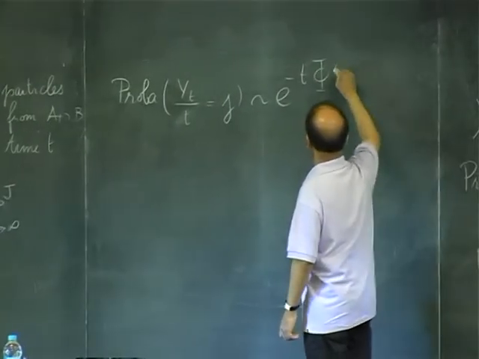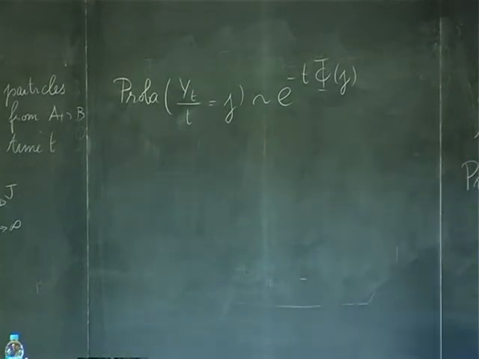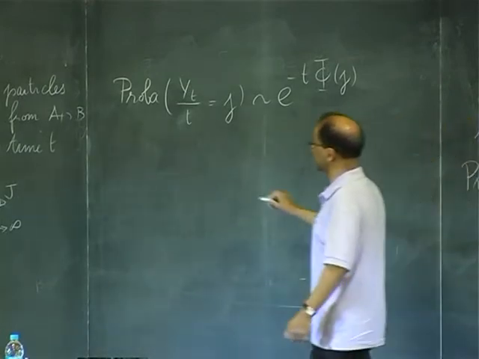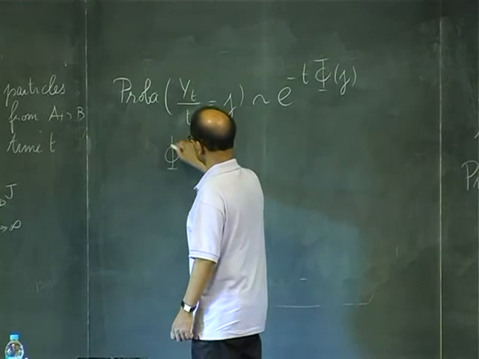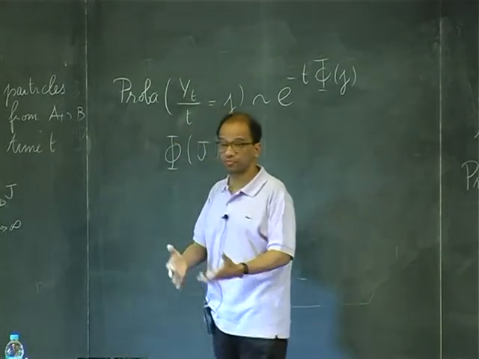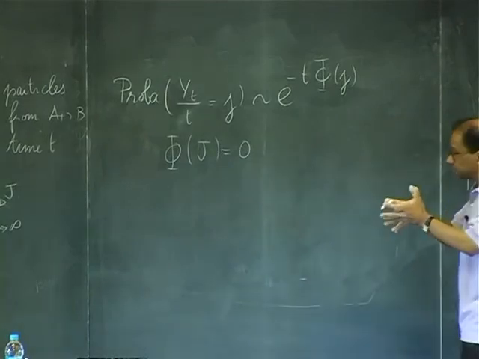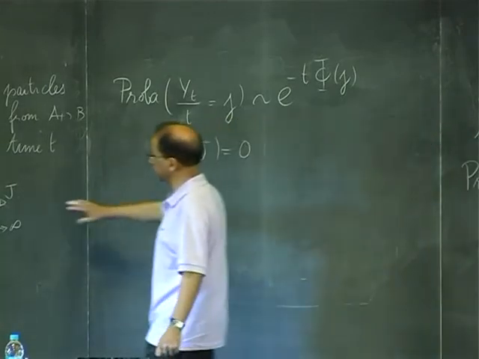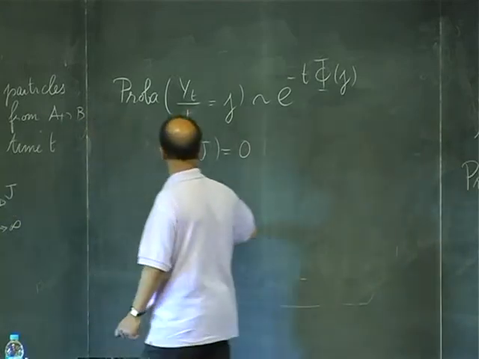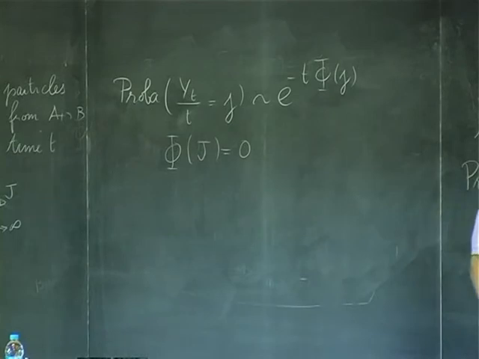Still write it like phi. Of course, it's not the same phi. Phi will be positive. It will vanish for the typical value, the most probable, which in the long time limit will really be peaked at the typical value. But I have some information about deviations.